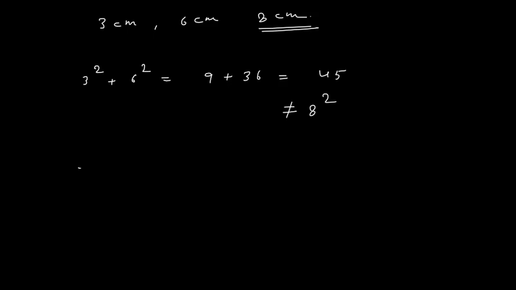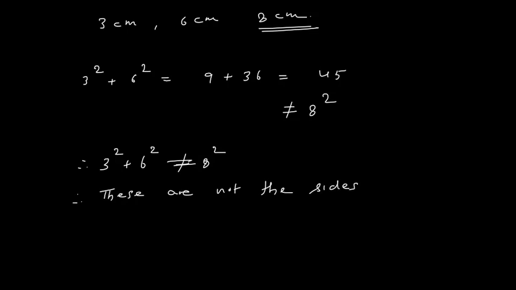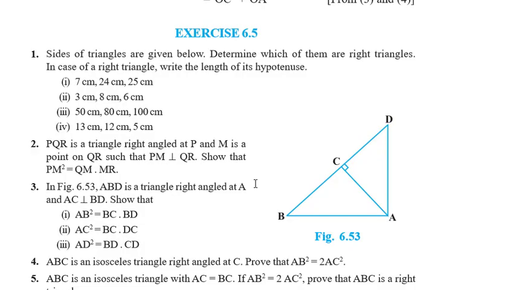Therefore 3 square plus 6 square is not equal to 8 square, so these are not the sides of a right angle triangle. Simple. Like that you can solve the third and fourth questions.